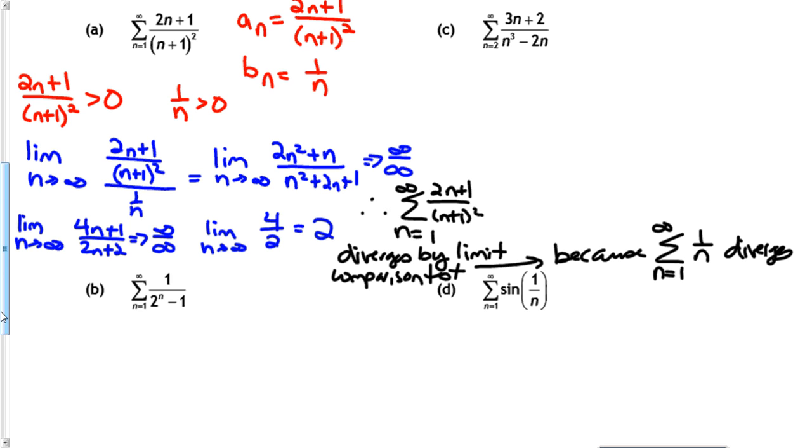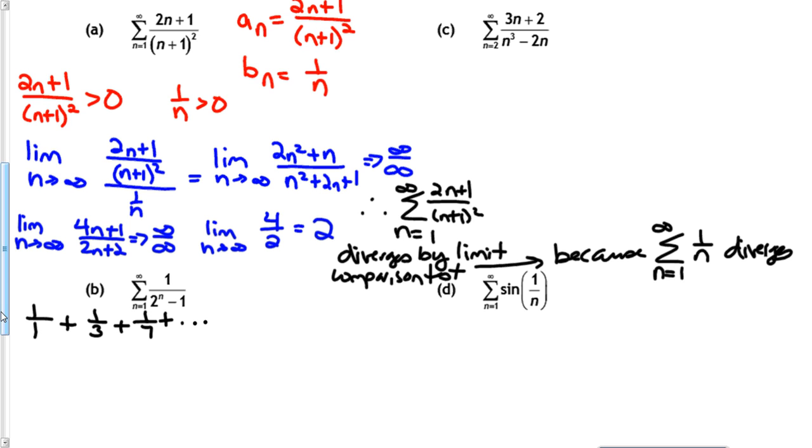If I plug in 1, I get 1 over 2 minus 1, which is 1. If I plug in 2, I get 1 over 4 minus 1, which is 3. Plug in 3, I get 1 over 8 minus 1, which is 7. So I feel like these are going down significantly, which makes me feel like this one might converge.